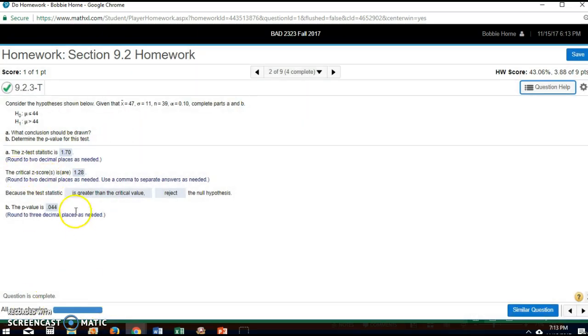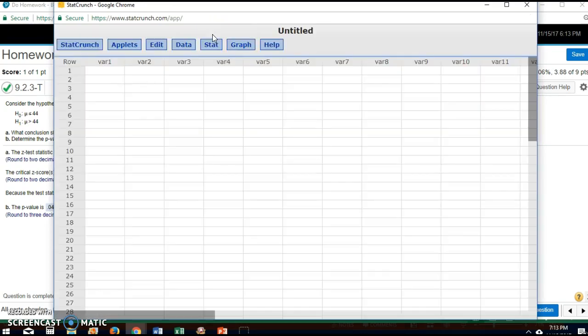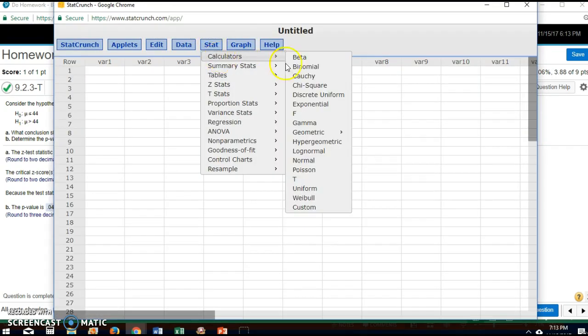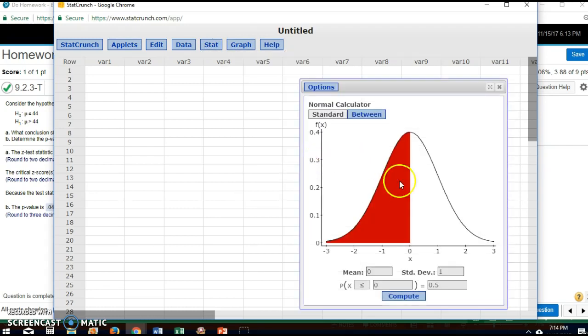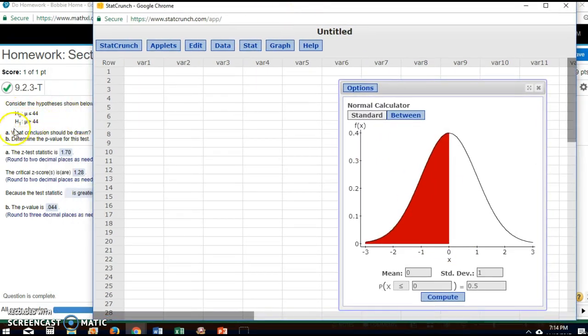Now, to get the critical z-score, what I do is I go to StatCrunch, and I go to Stat, and I go to Calculators, and I go to Normal. And I always look to tell what test I'm doing. I'm looking at the alternative hypothesis, and it's testing that the mean is greater than 44.